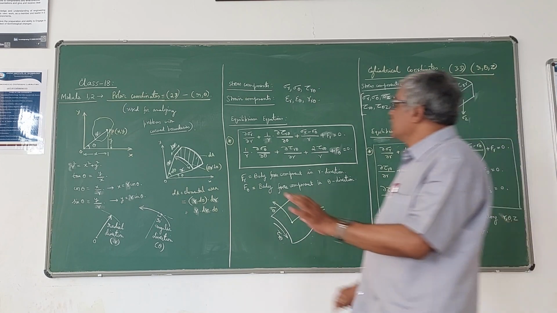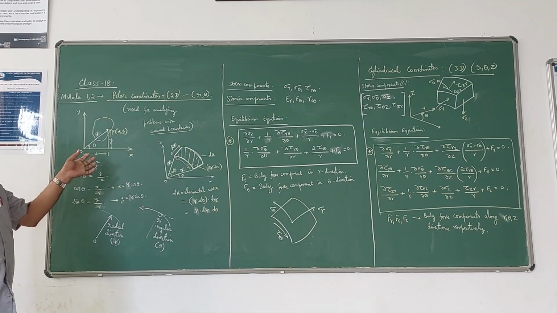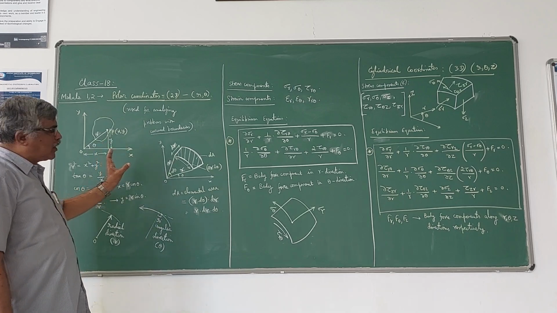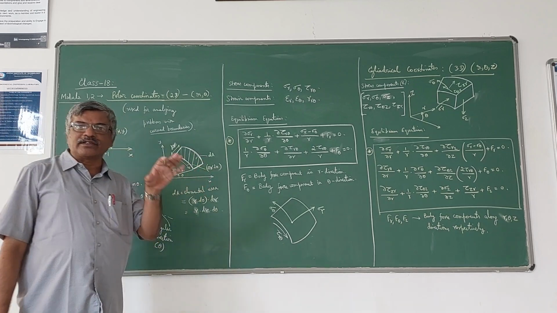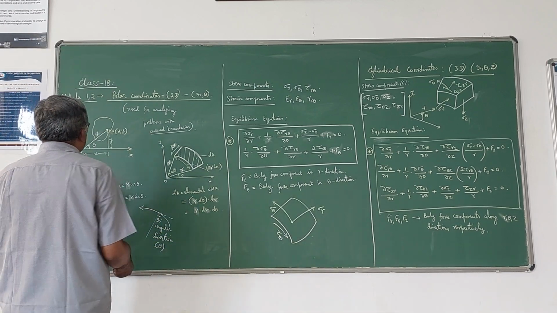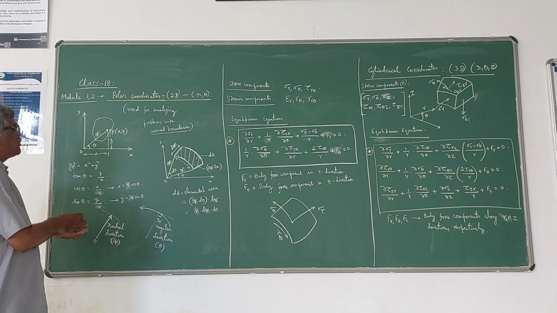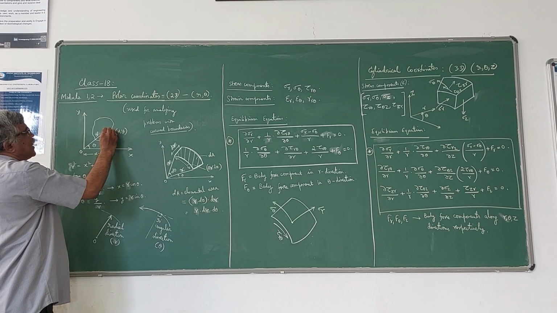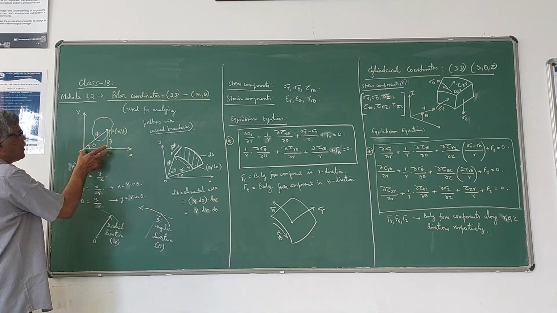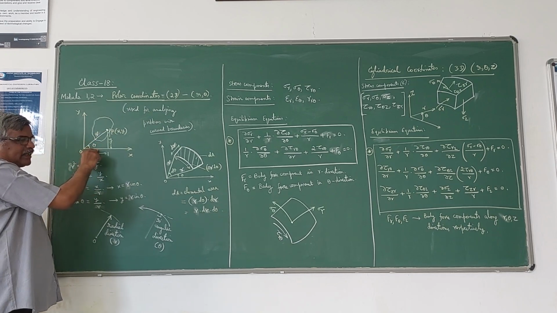First, you should understand the relationship between Cartesian coordinates and polar coordinates. In Cartesian coordinates, we take x and y. In polar coordinates, we take r and theta. The relationship between x, y, r and theta can be explained using this sketch. Suppose you consider a point P in a two-dimensional element with coordinates x and y, this becomes x, this becomes y, this radial distance is r, and this angle is theta.